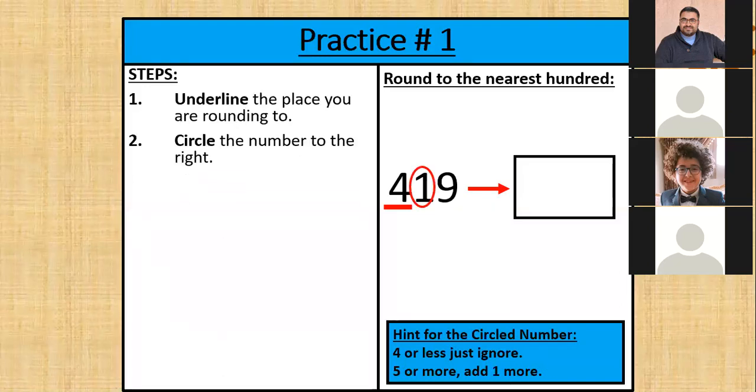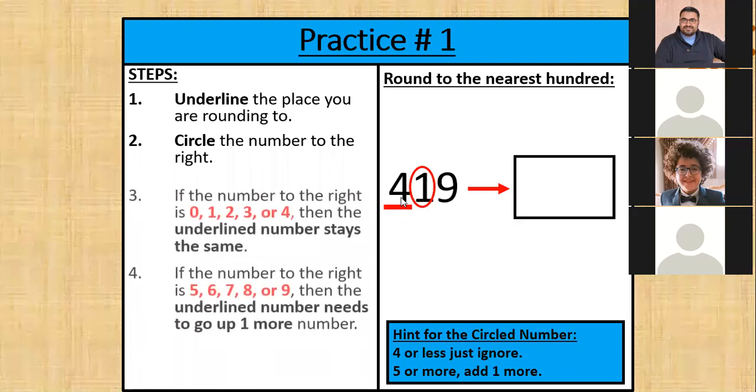This will be step number 2. And we will stop to check. 1 is a rich number or poor number. 1 is a poor number. So 4 will be the same. The number we underlined here will be the same without any change.